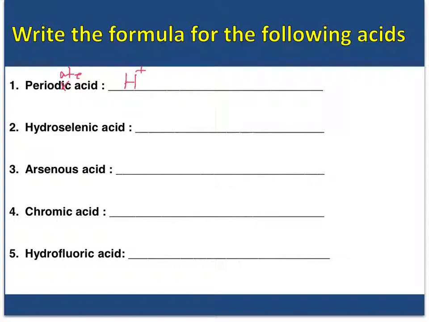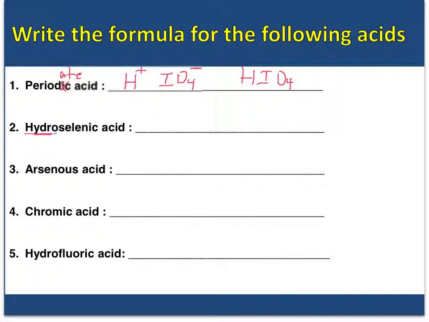So that's our first ion. And periodate is IO4 minus. If you don't remember it, look it up on your polyatomic ion chart. Charges are equal but opposite, so that will give us HIO4 as our acid.